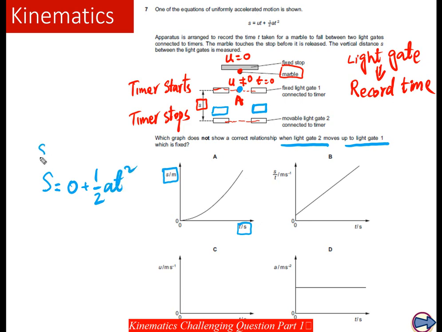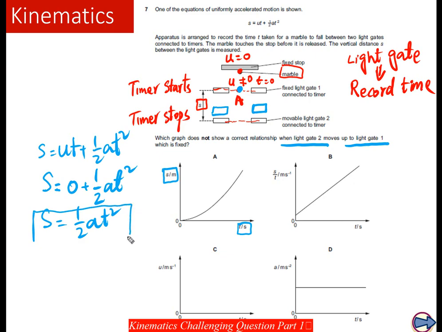So S is equal to 1 half a t square. If we sketch the graph of this equation, it will look like this. So this one is true.